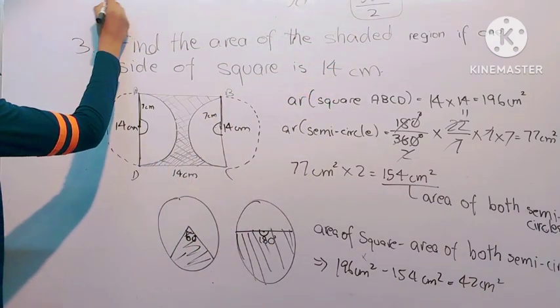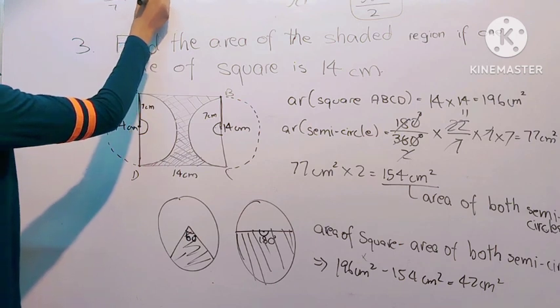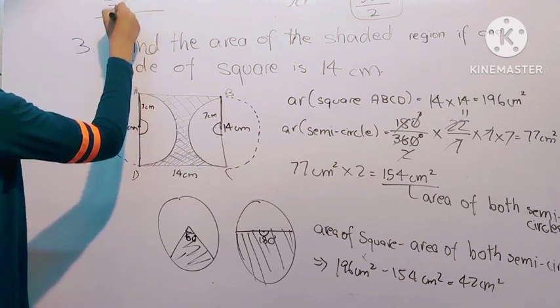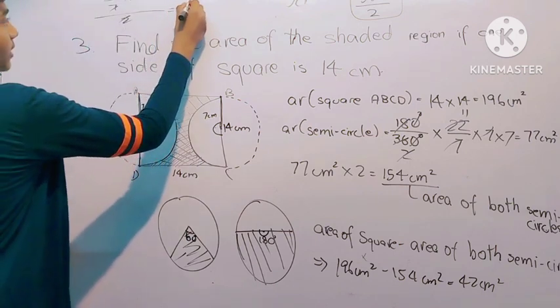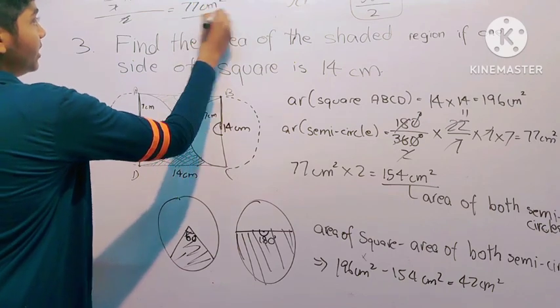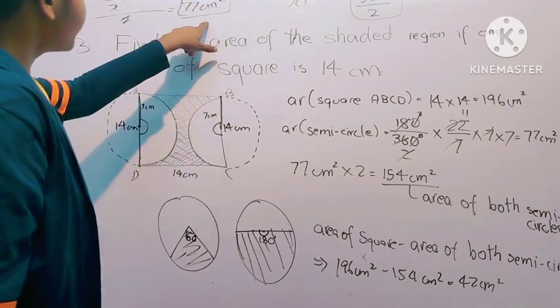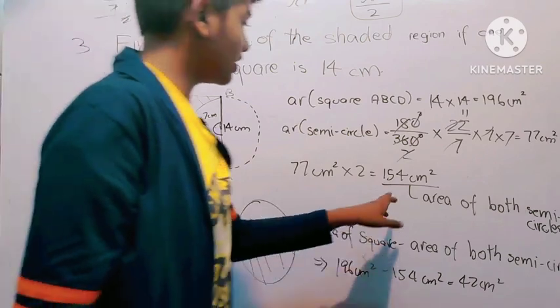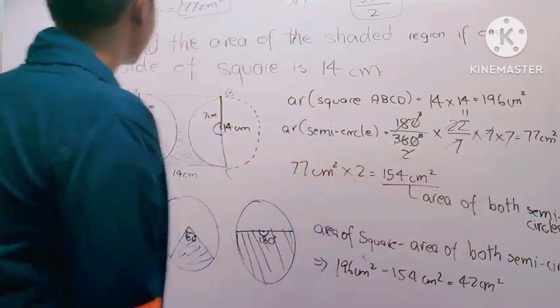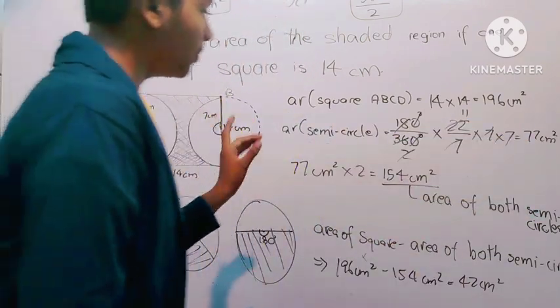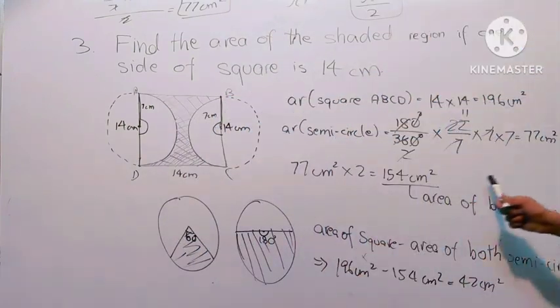What is pi? 22 by 7, into 7 into 7 upon 2. These get cancelled, we get 11 here, and we get 77 centimeters square, the area of the semicircle. So the area of the semicircle in this case is also 77 centimeters square, and in this case as well it is 77 centimeters square. Hence it does not make any change, but we should always approach it by this formula, theta by 360 into pi r square.